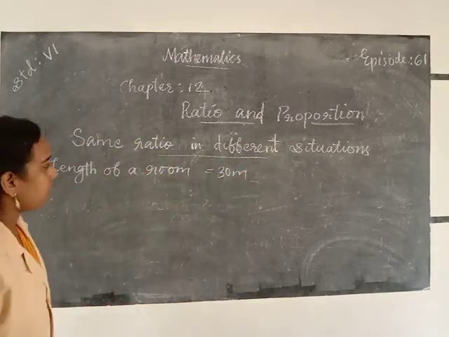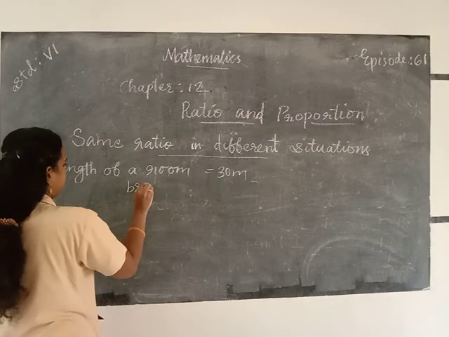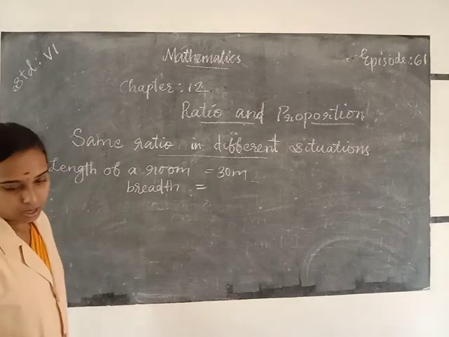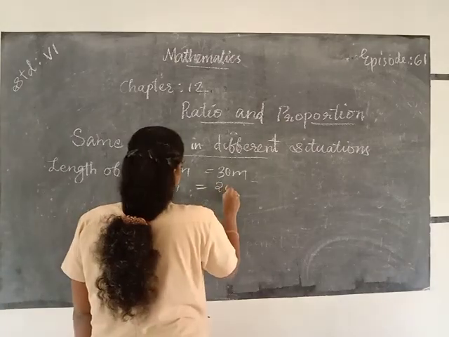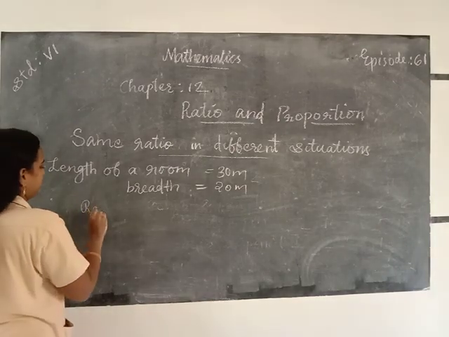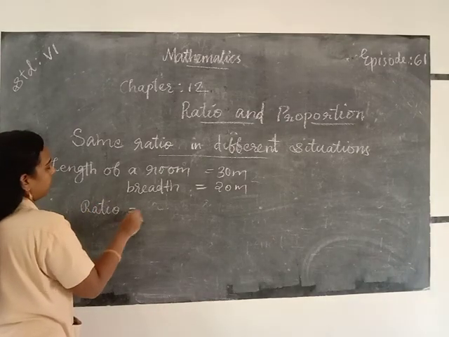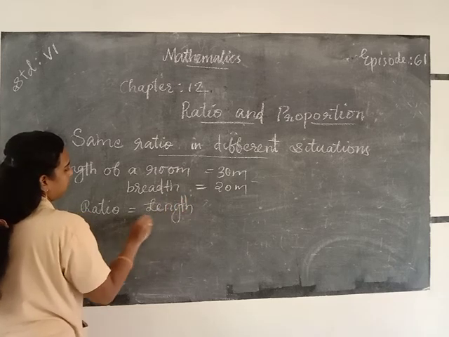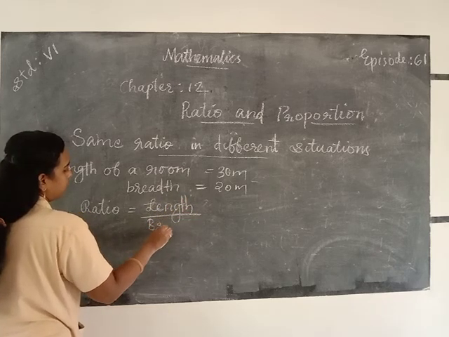and breadth is equal to 20 meter. Then the ratio is equal to length of the room by breadth of the room.